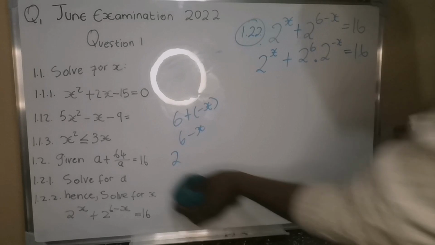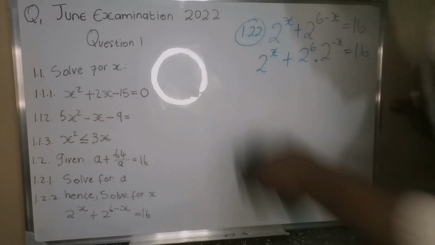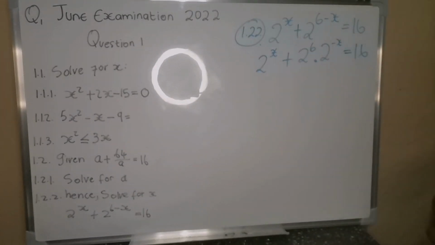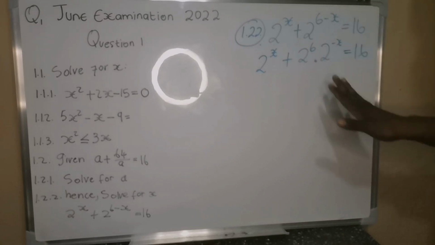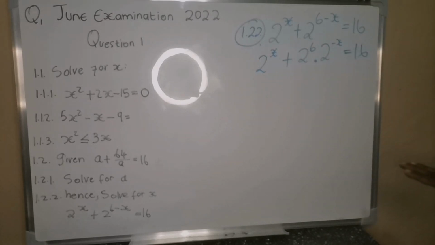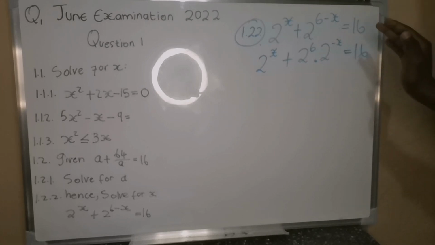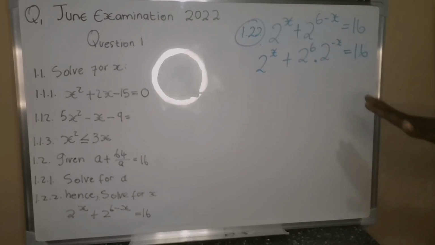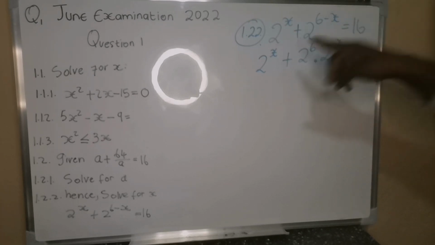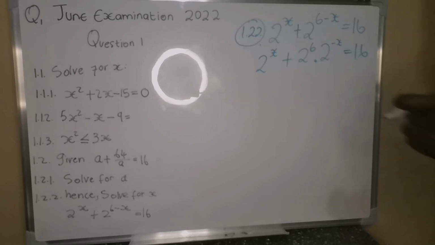This one is very, very important to understand. Our aim in this case is to look out if the bases with a variable are the same in terms of the sign, and the values inside the coefficient. What is the coefficient for this one?